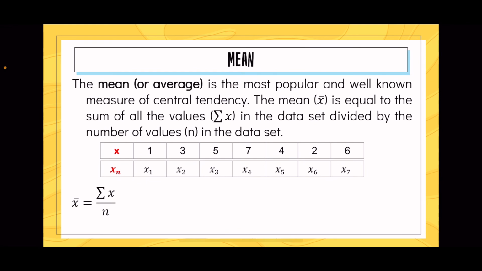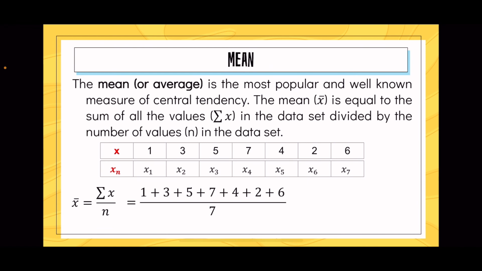So using the formula of the mean, we have x bar is equal to the summation of x divided by n. What is the first thing you have to do? That is right. You have to add all the values of x. After that, what are you going to do? Divide it by the number of scores.